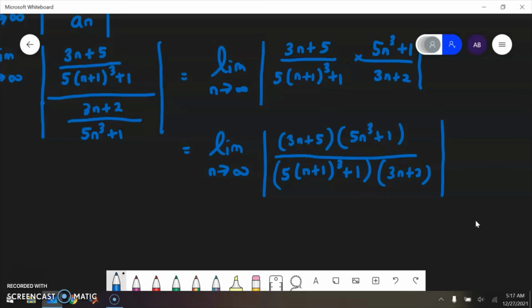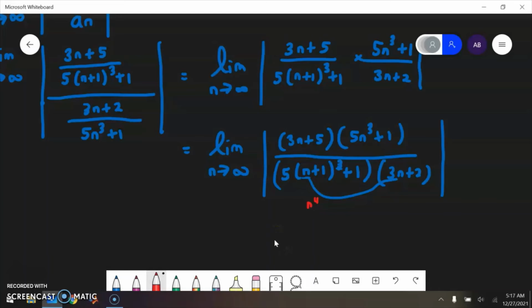You don't have to expand this, but you can expand, and then when you apply the limit, divide by the highest power in the denominator. But I can show you quickly here. If this is n cubed, multiplied with another n, you will have n to the power of 4, just the variable term.